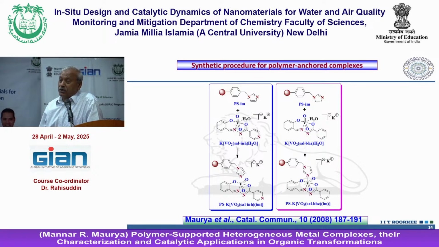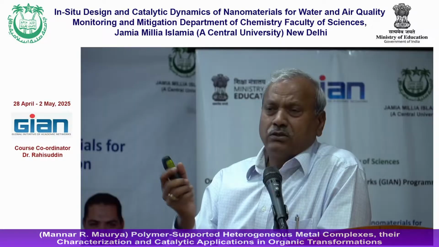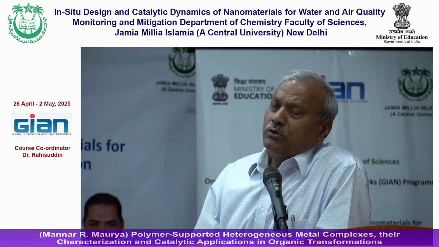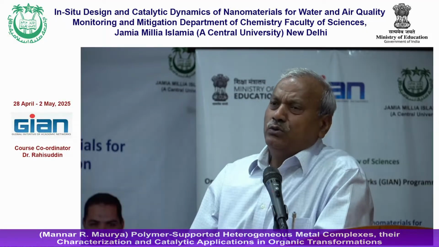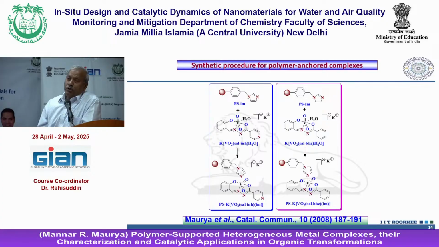First, functionalize the chloromethylated polystyrene with an imidazole type of molecule, having the NH. You know that it can react to form a covalent bond. So convert the polystyrene into the benzene-hooked polymer, and now there is one nitrogen having a lone pair of electrons, which can donate the lone pair to the metal center and form a metal nitrogen bond.